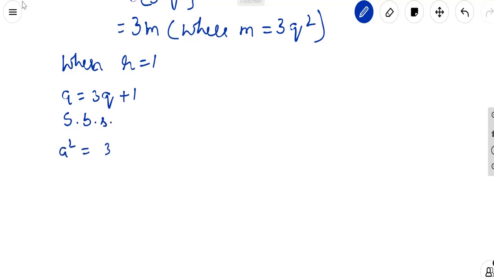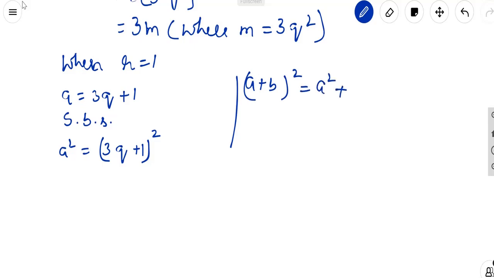So this becomes a square is equal to 3q plus 1 whole square. Now this is in the form of a plus b whole square. I hope everyone knows the formula for a plus b whole square. This is nothing but a square plus b square plus 2ab.